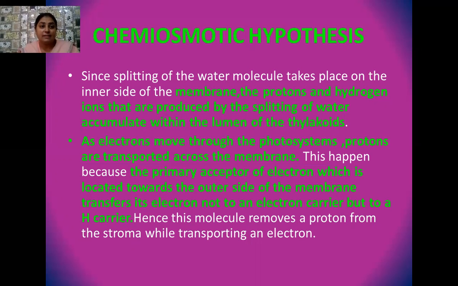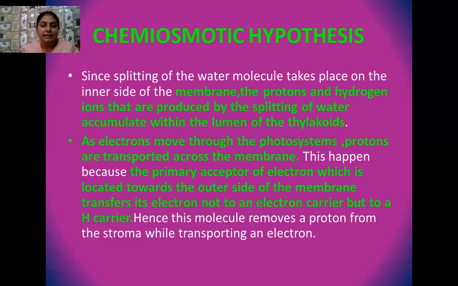As you have learned in non-cyclic photophosphorylation, these primary acceptors may be plastoquinone, plastocyanin, and cytochrome complexes. These electrons reach plastoquinone first, stay there for some time, and supply certain amount of energy to them. Then they reach cytochrome complexes, which are protein complexes, stay there for some time and release certain amount of energy, and finally they come in contact with plastocyanin.